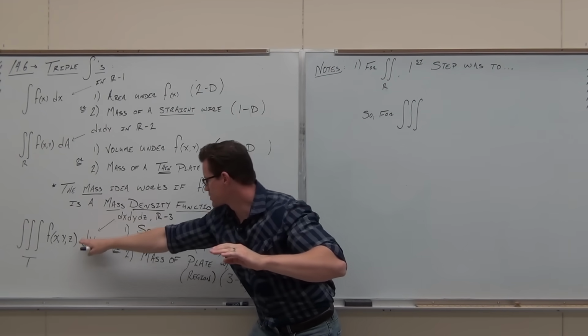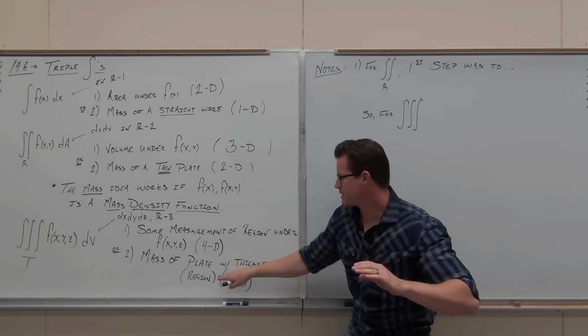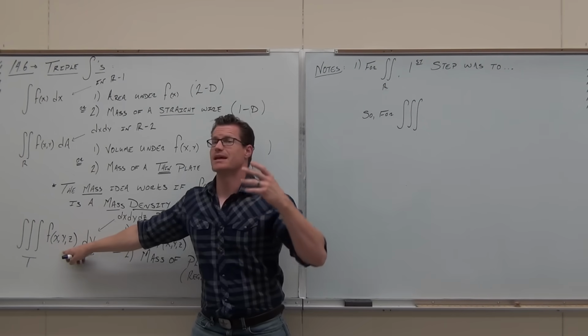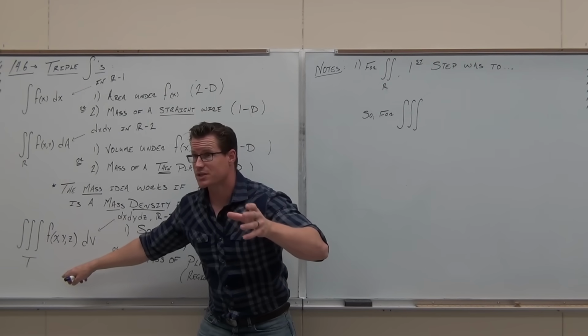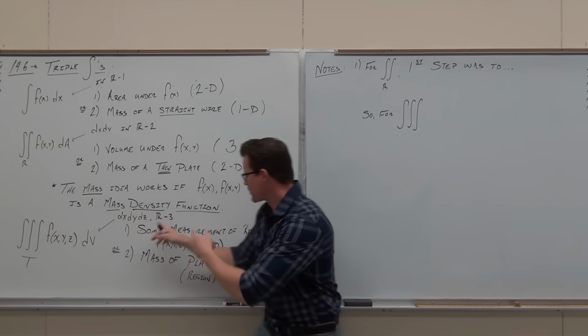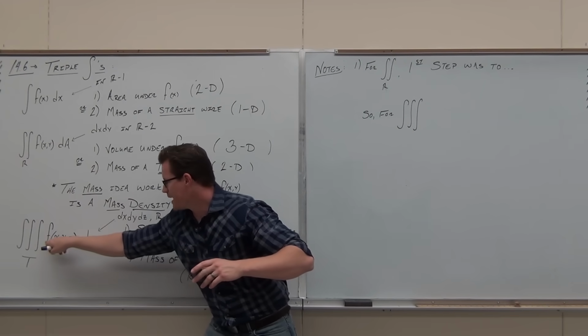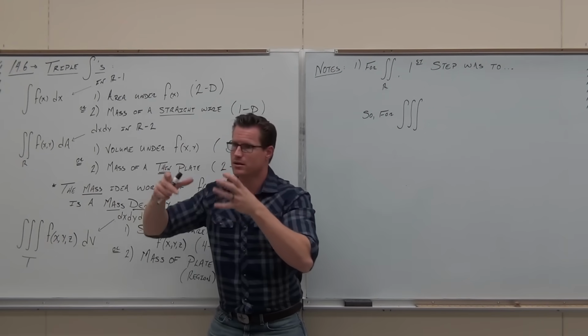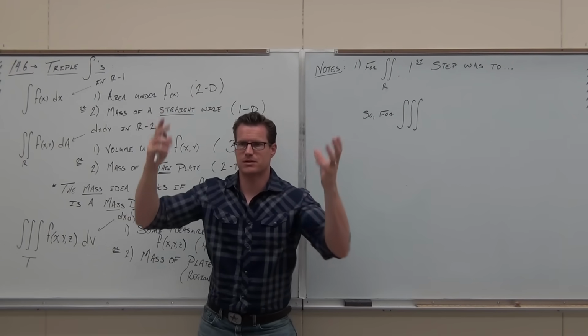This can only represent mass of a plate with thickness or a region, that's a 3D concept, if f of xyz is a what? Notice what it says. At any point in 3 space, that's why we have that R3, f would tell us the mass of that 3D shape in space.